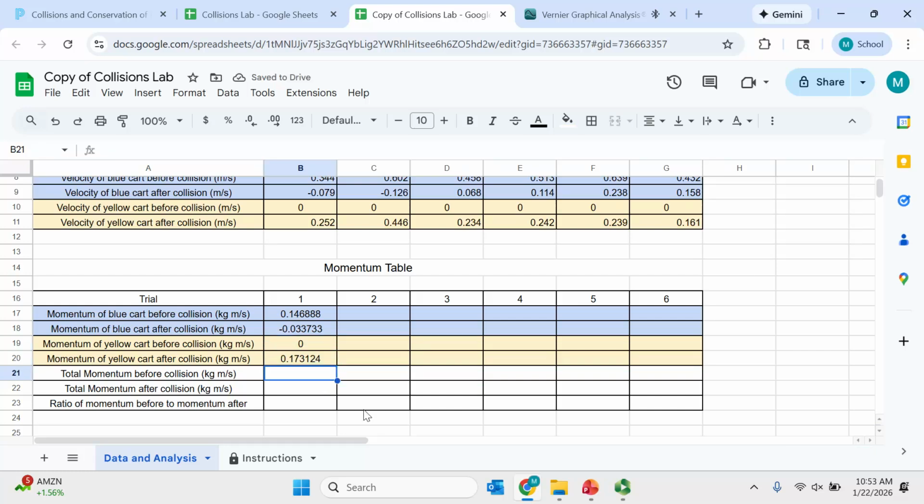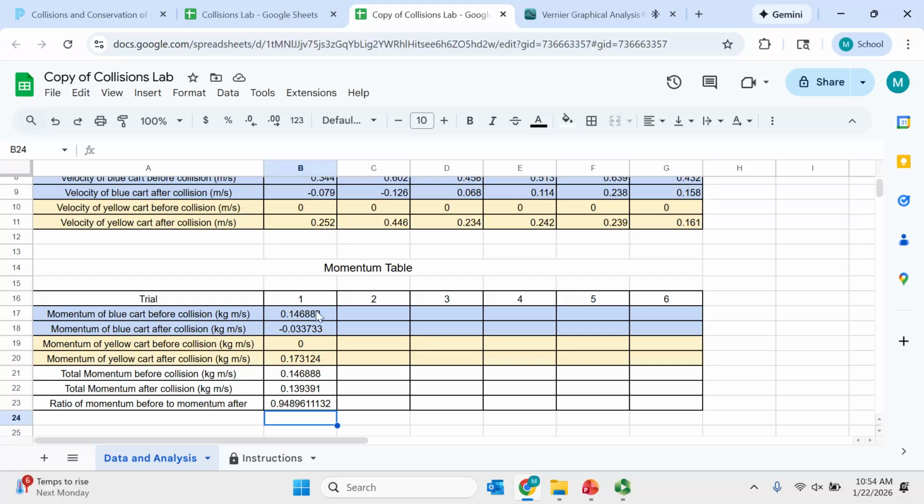And then here at the end, total momentum before the collision should be the momentum of the yellow cart plus the momentum of the blue cart before the collision. Total momentum after should be the momentum of the yellow cart plus the momentum of the blue cart. And then the ratio we're looking for is my final momentum over my initial momentum. And so there we go, I have my analysis.